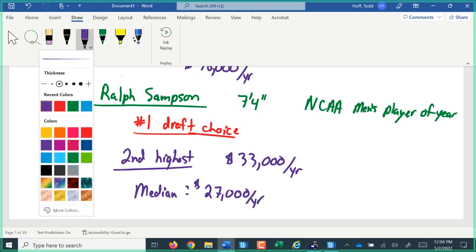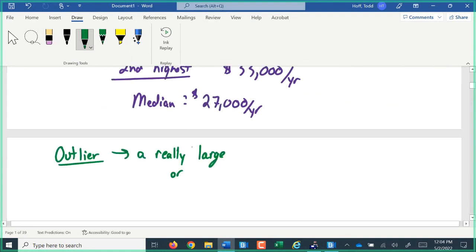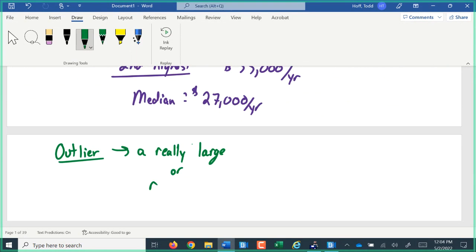So what happened here was something called an outlier. An outlier is a really large or really small data value.